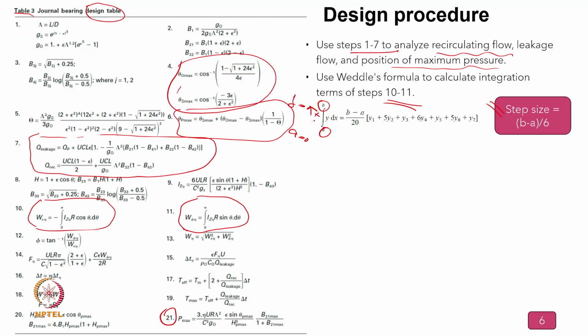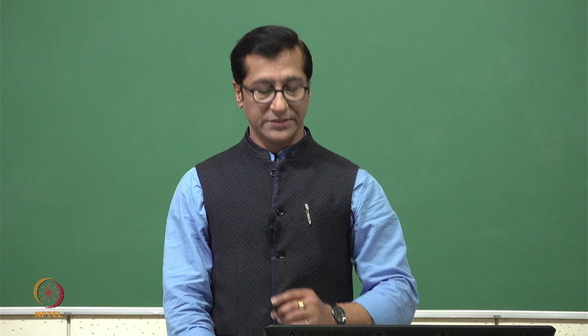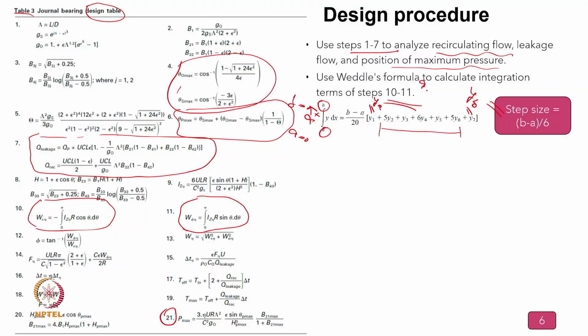Sometimes we say b plus alpha, which can be 10 degrees, 20 degrees, or 30 degrees. When we say step size, y1 is basically ya and y7 is basically yb, and in between we require these steps to be utilized. For y2 it will be a plus (b minus a) divided by 6, for y3 it will be multiplied by 2, for y4 multiplied by 3, something like that.